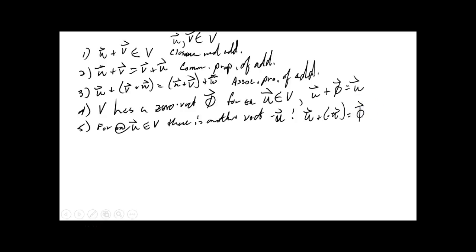The zero vector. If you add a vector to its opposite, you're going to get the zero vector, which has no magnitude and no direction, but it's still a vector.